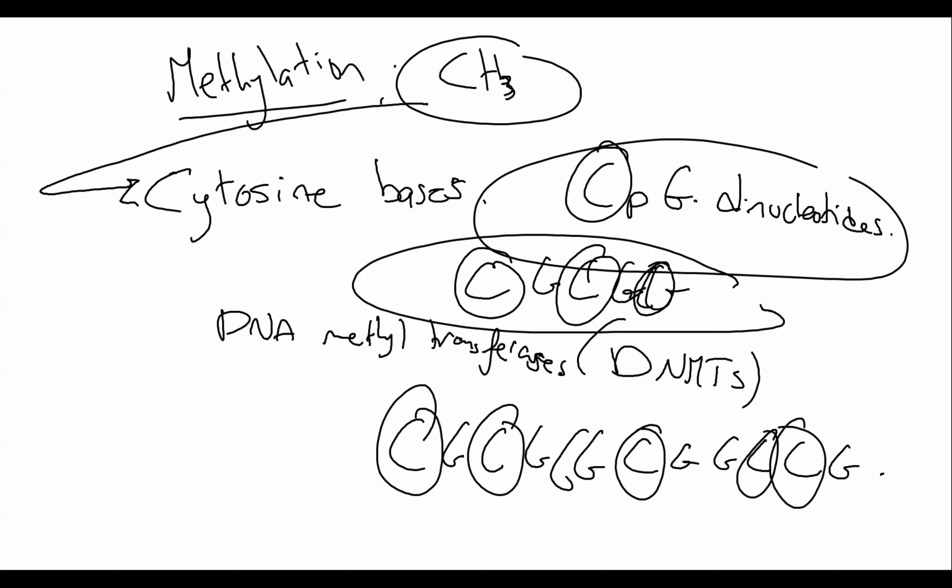What happens? We start from the promoter region. The promoter region is the origin, the beginning of the gene. Usually, the promoter region methylation is associated with gene repression.